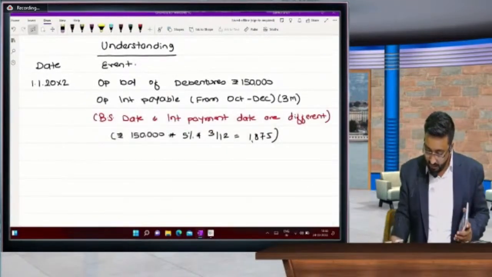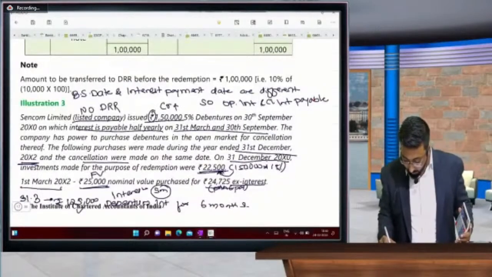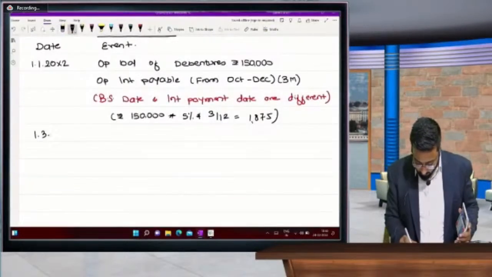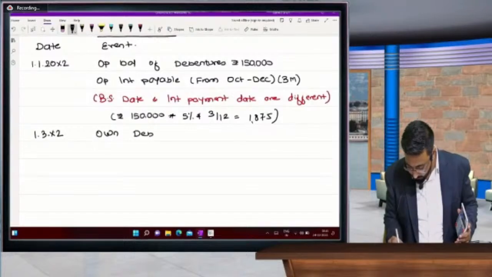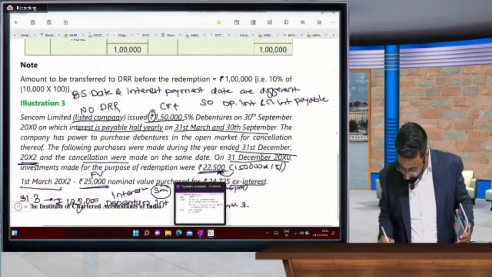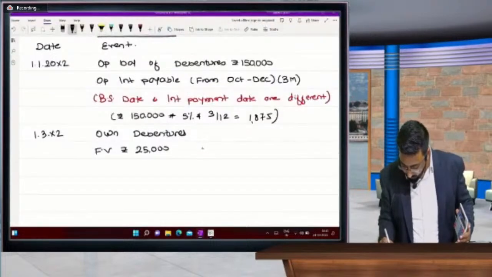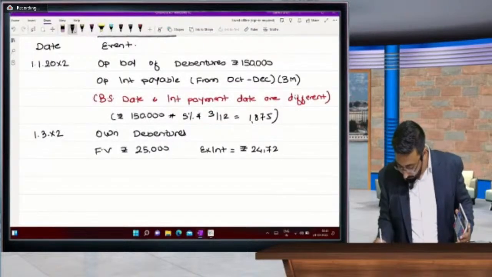What is the next date? 1st March. Own debentures, face value rupees 25,000, ex-interest 24,725.